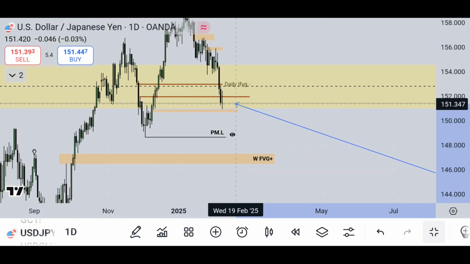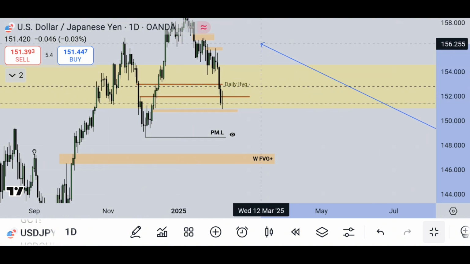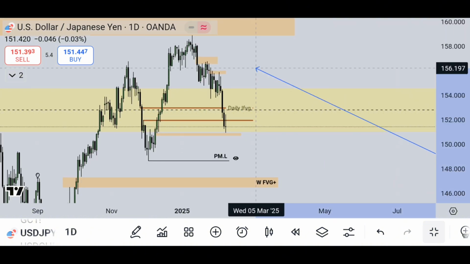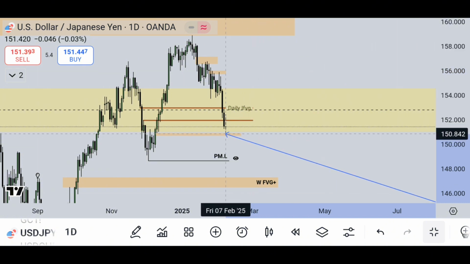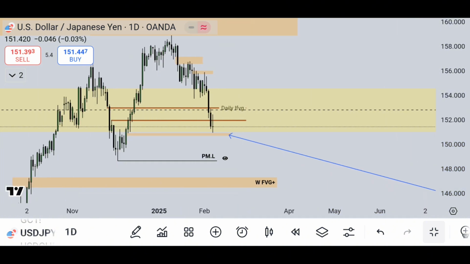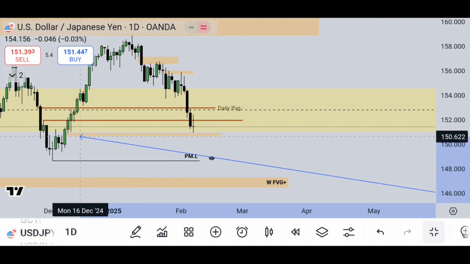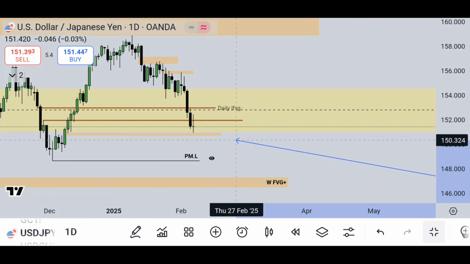It could have shown good rejections from this area and started delivering buy side, but it instead violated, and it closed at around this small FVG. Hope you're seeing it, and it's where price closed.